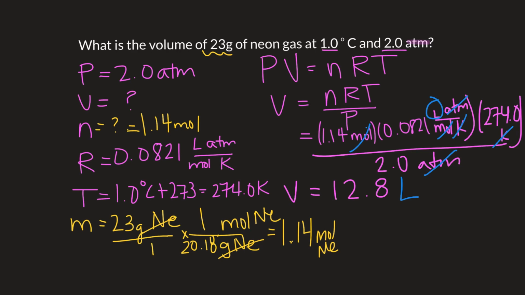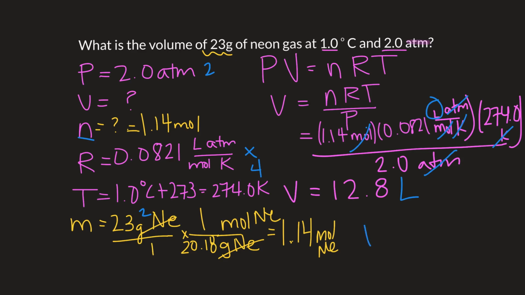And then let's do significant figures. Kind of go back to your beginning. Here you have 2 sig figs. This we didn't really do our number of moles to sig figs. This doesn't matter for sig figs, it's infinite. This had 2, but when we added the 273, now it has 4 sig figs. And then this mass also has 2 sig figs. So it looks like we should go to 2 sig figs.